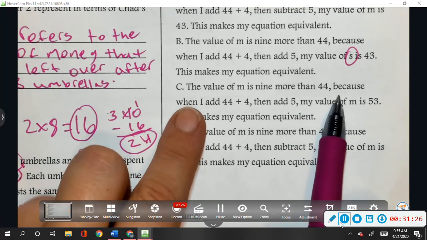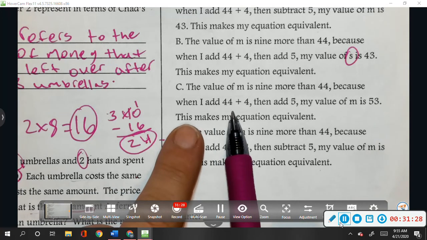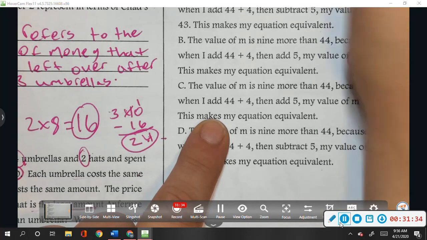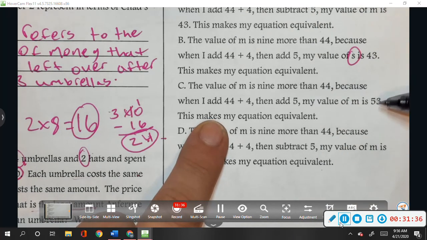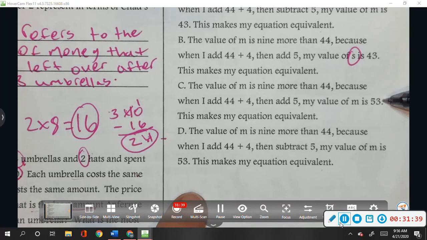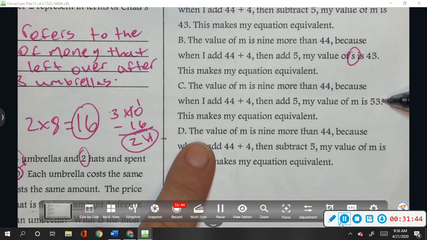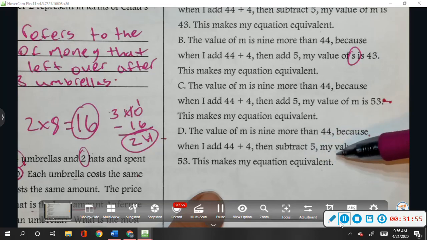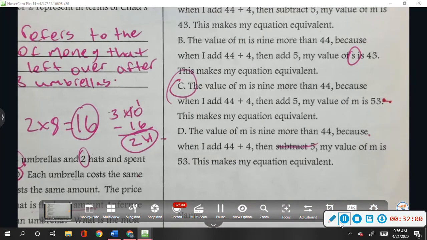C says the value of m is 9 more than 44 because when I add 44 plus 4, if you were to add these two together and then subtract the 5, the value would be 53. I like that one. And it is true. What does D say? The value of m is 9 more than 44 because when I add 44 plus 4... Okay, so this wouldn't be it because we were not subtracting it. It would be C. Alrighty.